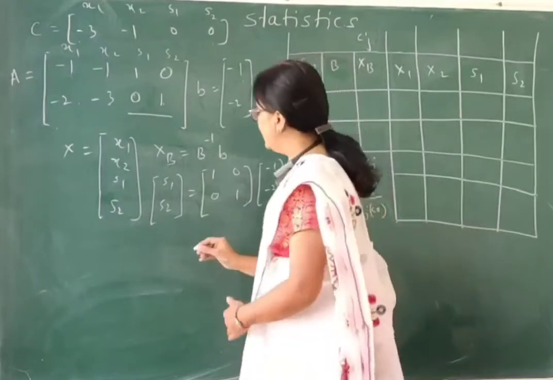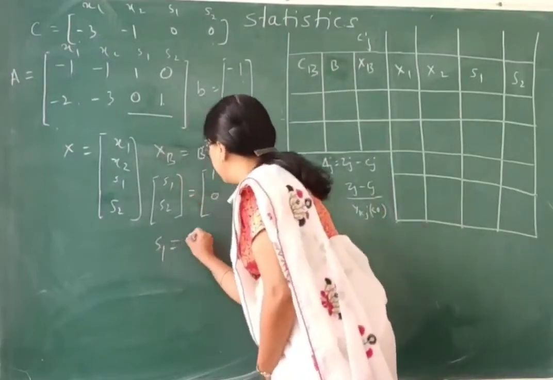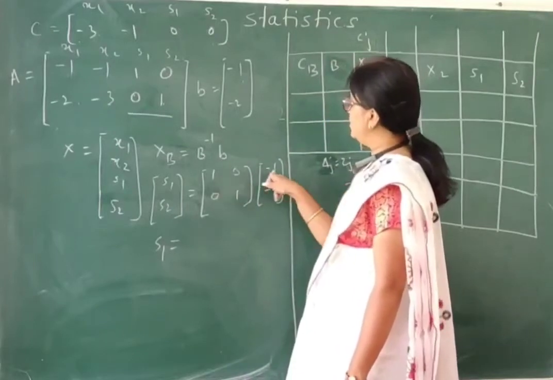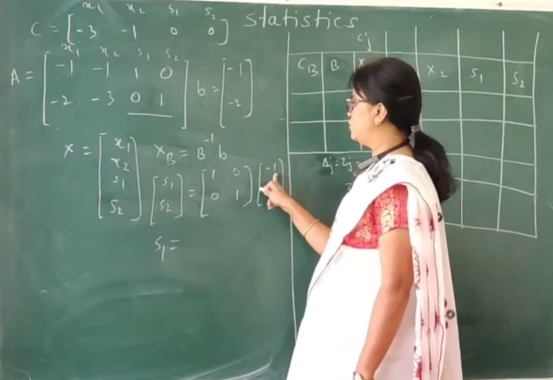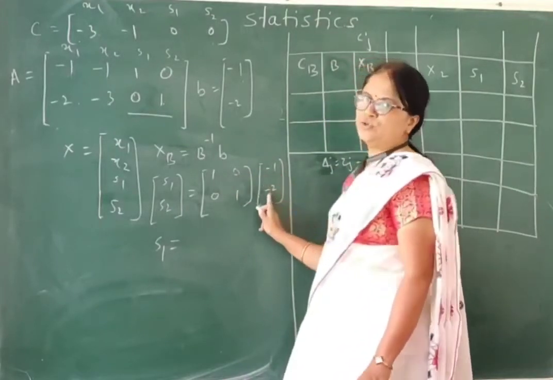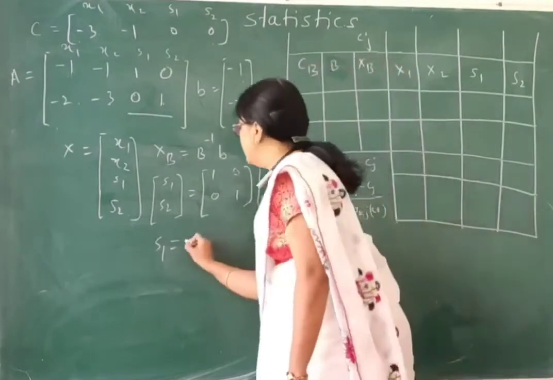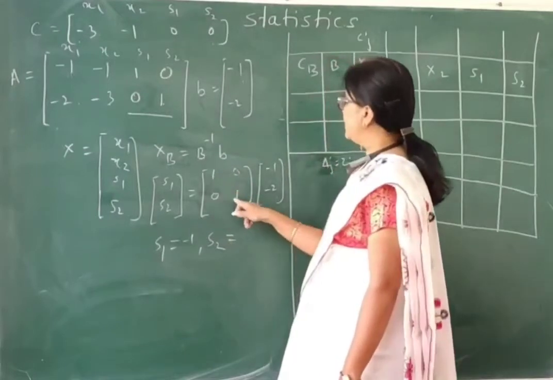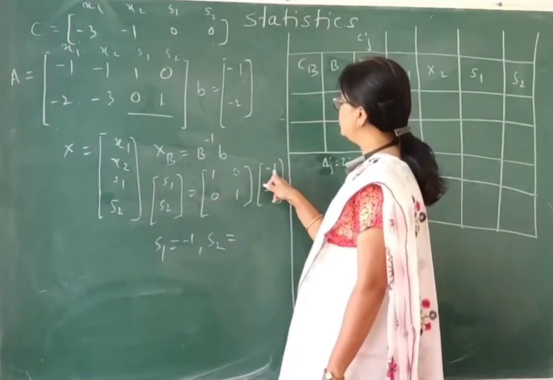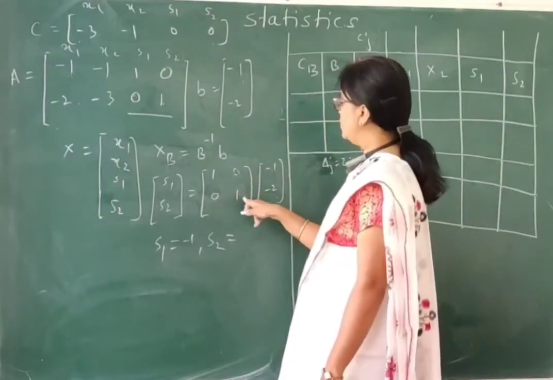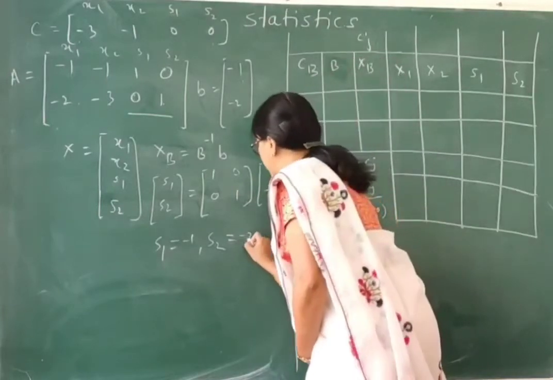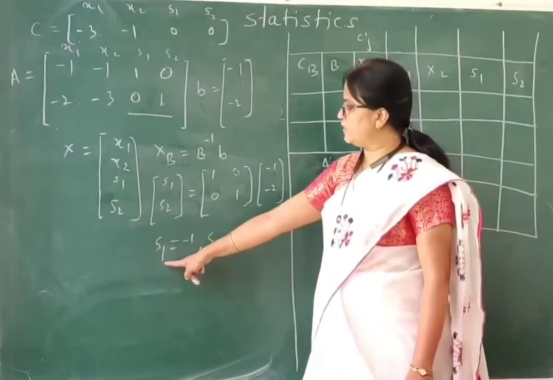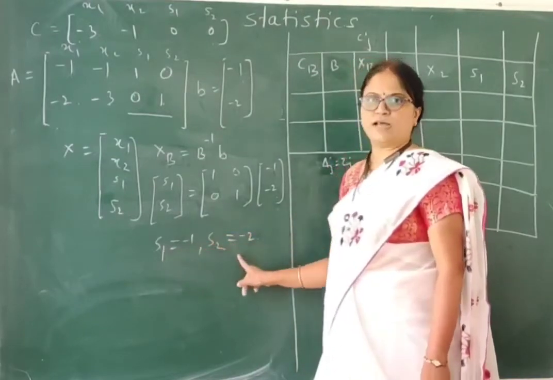If we multiply, for s1 we get 1 into minus 1 is minus 1 plus 0 into minus 2 is 0, hence minus 1. And for s2, 0 into minus 1 is 0, and 1 into minus 2 is minus 2. Hence the values of the basic variables s1 is minus 1 and s2 is minus 2.